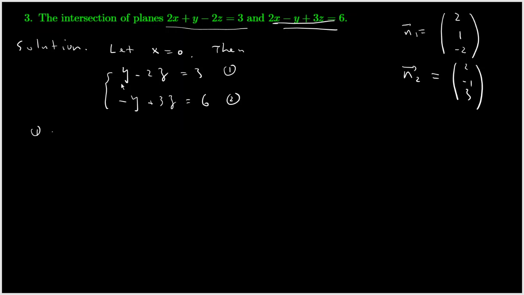So maybe equation 1 plus 2 will yield... So now you see y is gone. You just add two equations. It's permissible to do that here. You learned that in high school, right? So you have z equals 9, I believe, right?